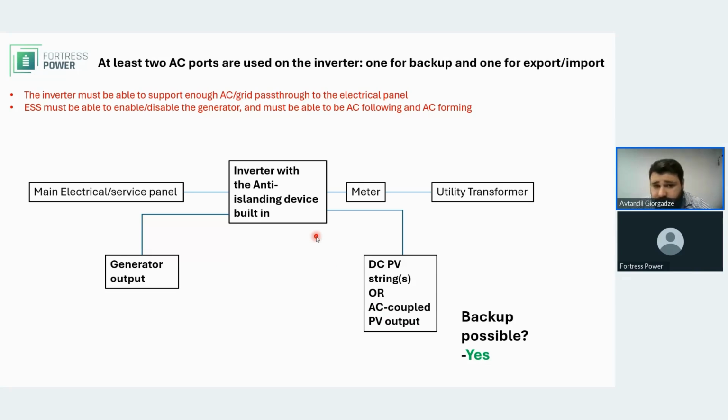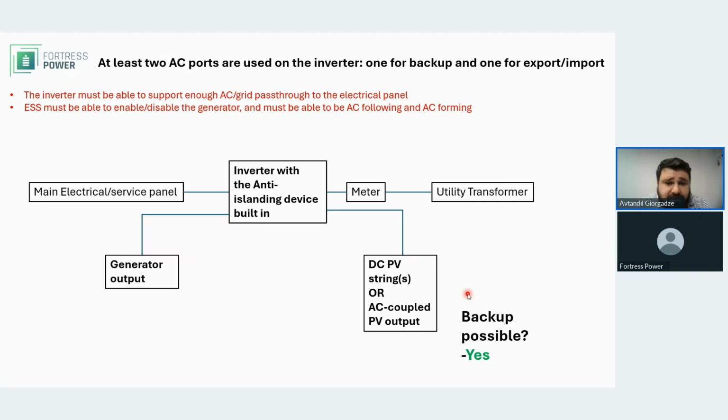And it also gives you more flexibility when it comes to the critical load panel, because right here we have at least 2 AC ports used on the inverter, at least 2 being one for backup and one for export and import. Why at least 2? Because generator output and AC coupled output would require additional ports.